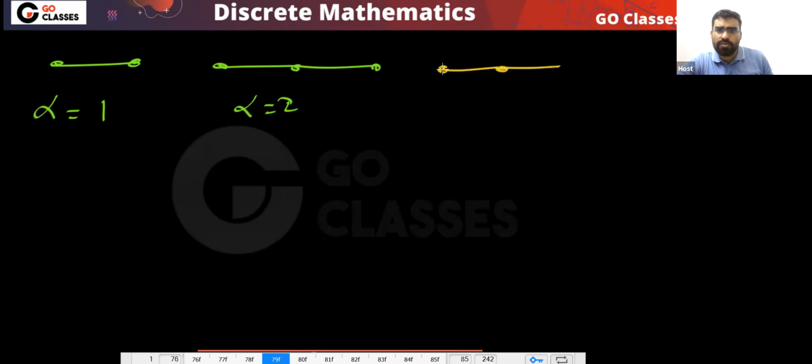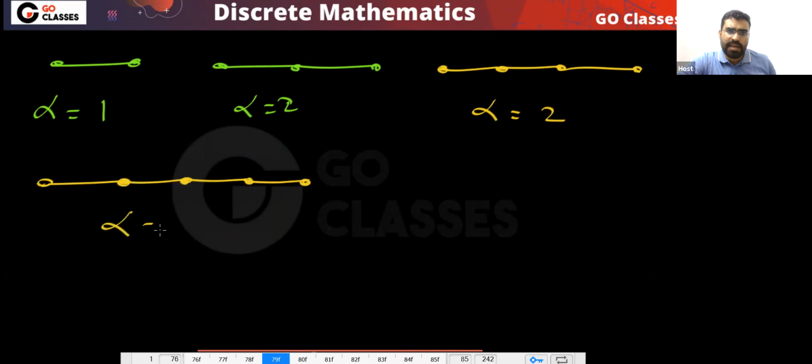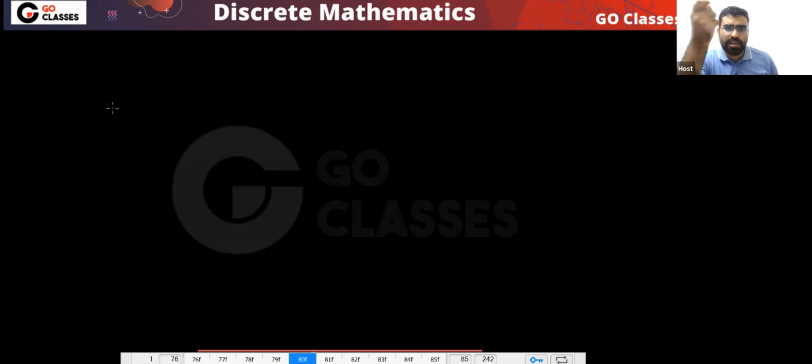And if you have 5, alpha will be 3. You can take these 3 vertices. And in P6 also alpha will be 3. Okay, so just try it. Let me give you a question. You check for Pn and you also check for Q this.